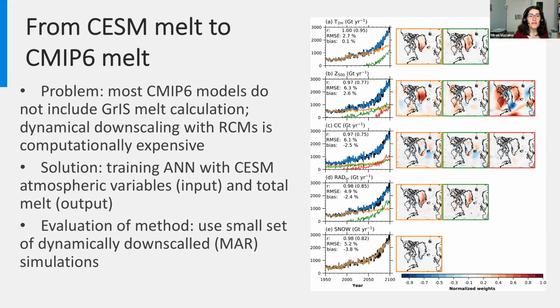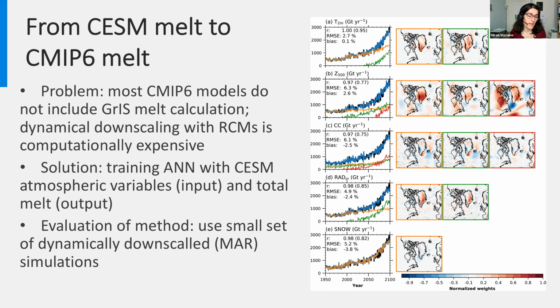Okay, so this is another study that is done only with the interactive SMB, but prescribed ice sheet topography. Here we were addressing the problem that most of the CMIP6 models don't include a calculation of Greenland melt. But we have quite some simulations of the Community Earth System Model with this melt calculation.